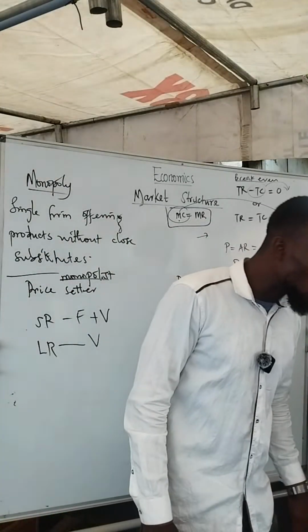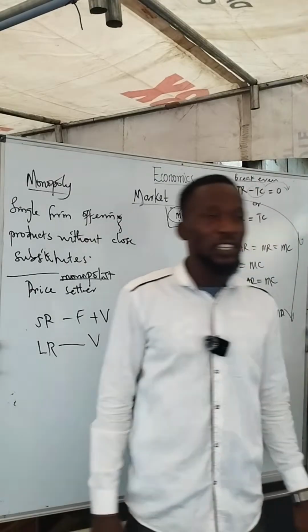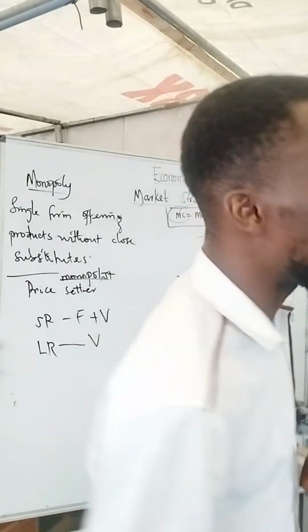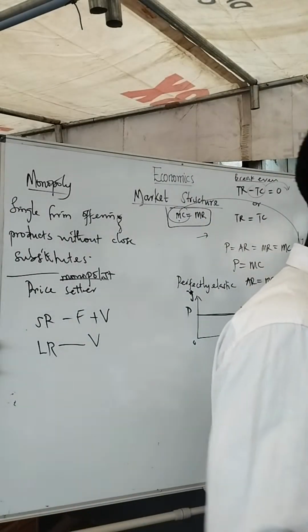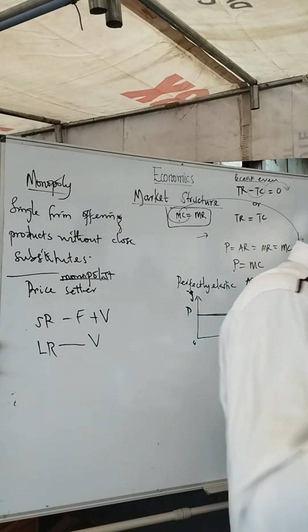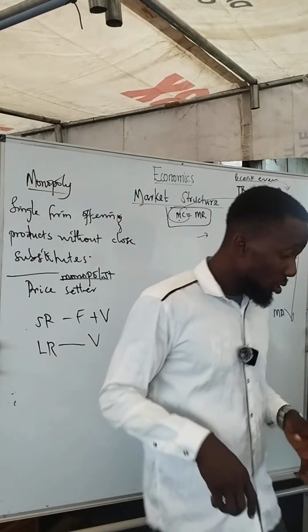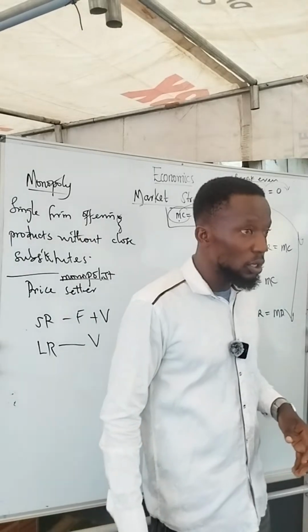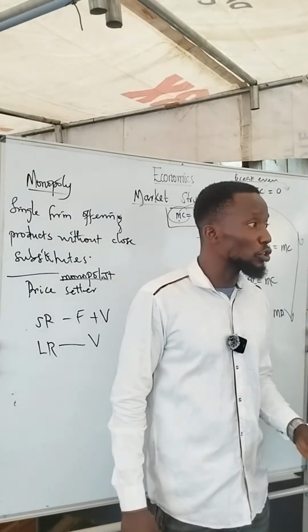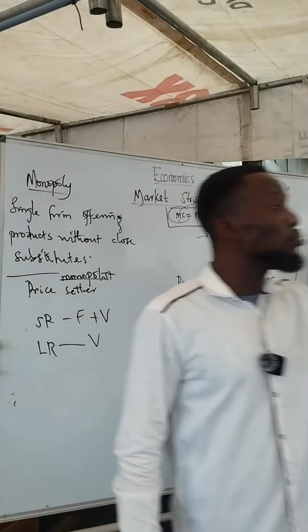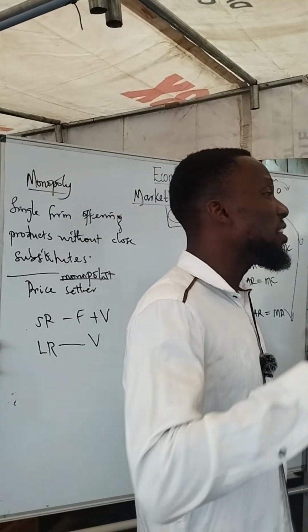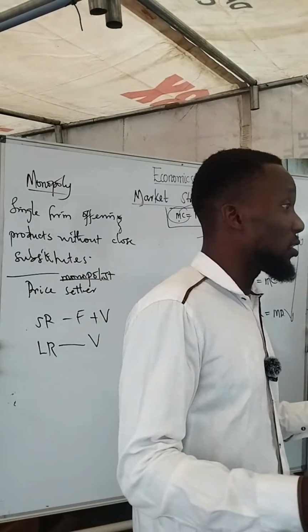Another one is control over supply of raw material. If you have control over the supply of a particular raw material, you'll be a monopolist. And there is another one, economies of large scale production. The benefit you derive from having large volume of productive capacity.